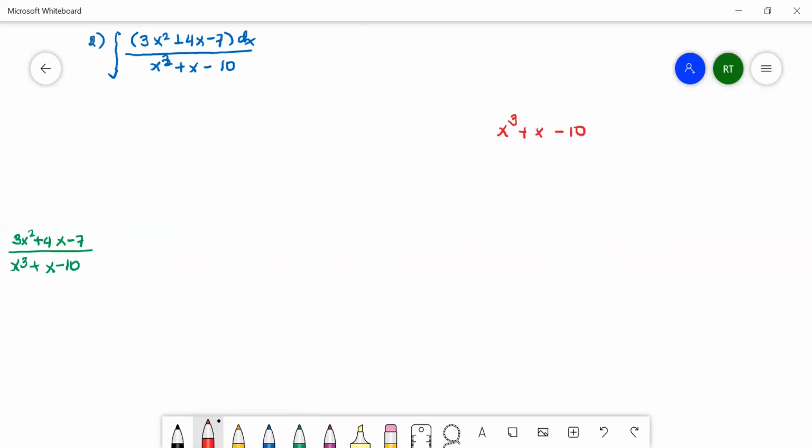If we do synthetic division, then we will have 1, the numerical coefficient, then 0 for x squared, then 1 for x, and then minus 10. Let us determine the roots so that we can write the factors.